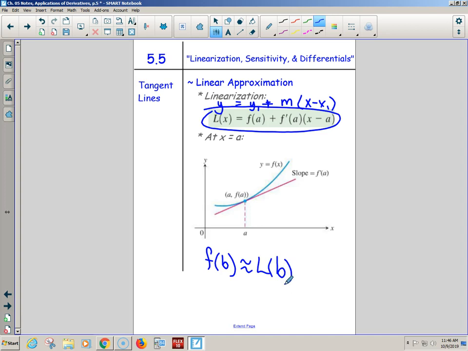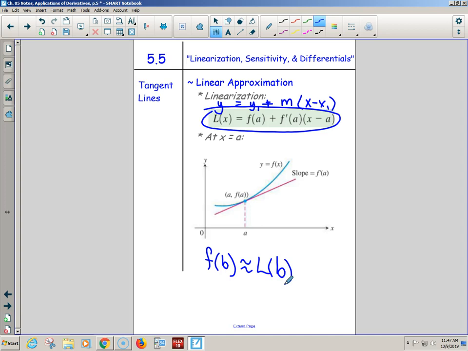We can approximate f of b by using L of b, L being the line, aka the tangent line. So what this notation allows us to do is, if we want to use a tangent line to approximate, we already have the y value isolated, and we can just plug in the other side of the tangent line.